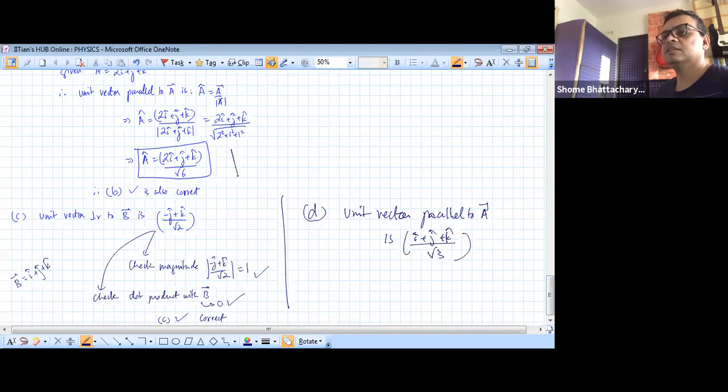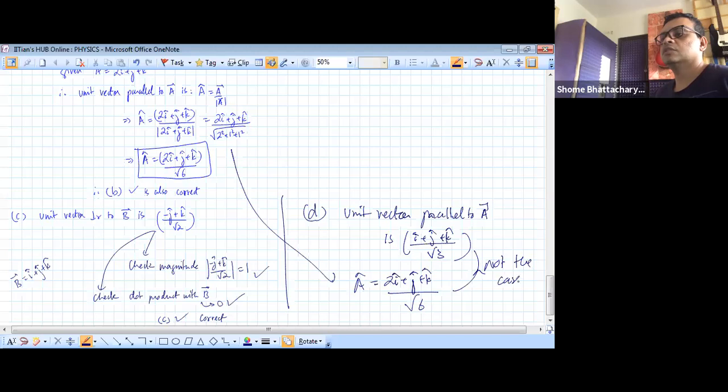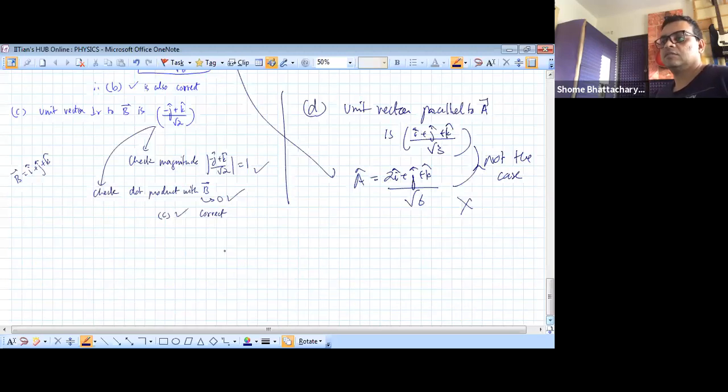But we've already checked here that A cap is (2i + j + k)/root 6. So you can see that this is not the case. So therefore, this becomes the wrong option. So the correct answer in this question is just ABC.